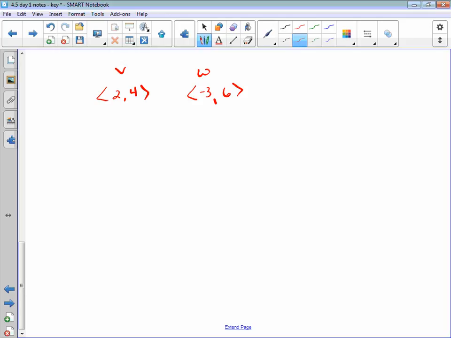So it's very simple. If I said V plus W, you would just go, okay, 2 plus -3, so that's -1, 4 plus 6, 10. If I said 3 times V, 3 times 2 is 6, 3 times 4 is 12, there's my new vector. So you can represent a vector with just two numbers if it's the component form of the position vector.